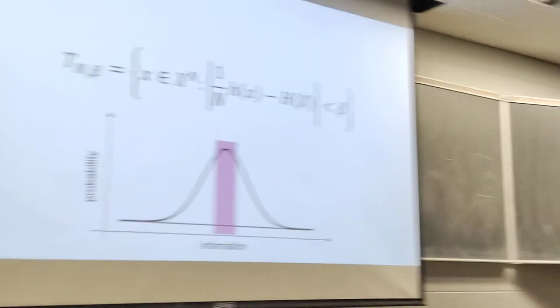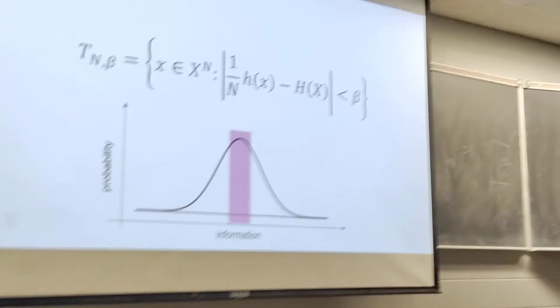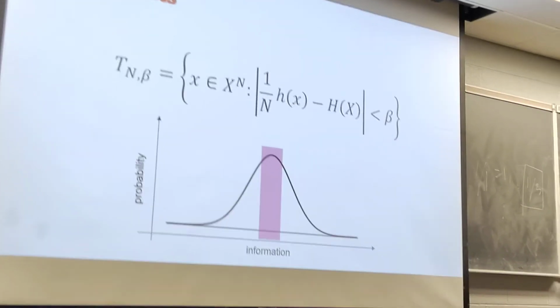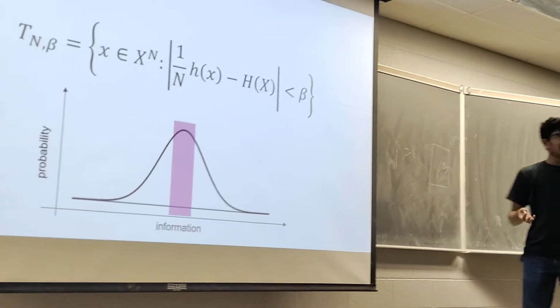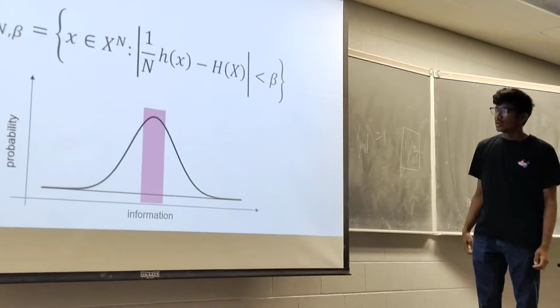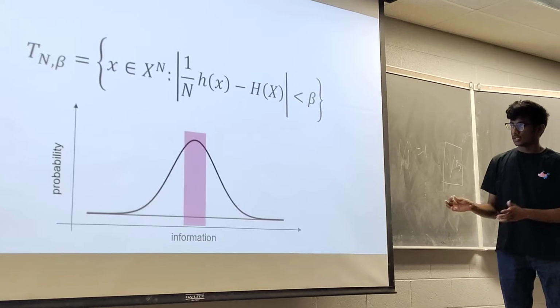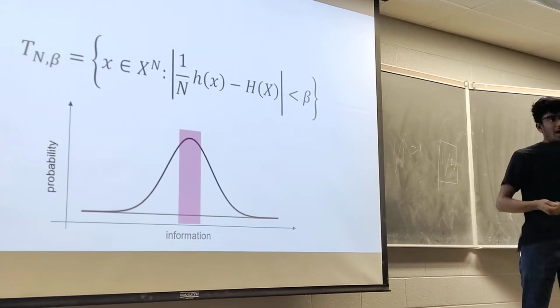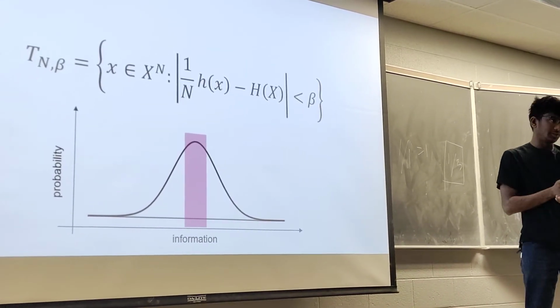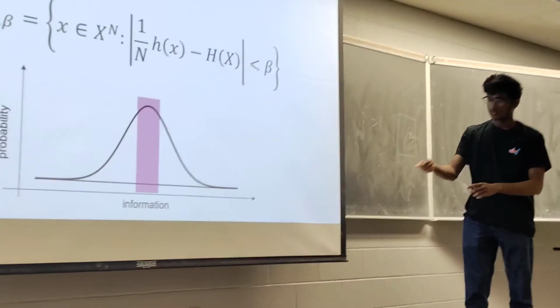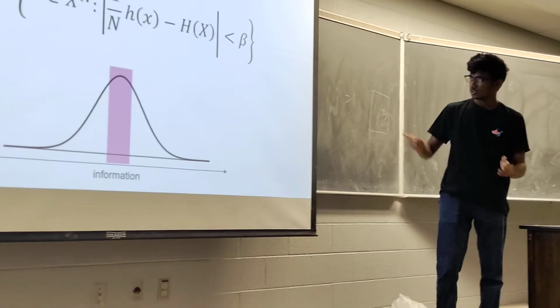And so now, why was the heading typical sets? Because I can talk about the set of all strings, and I can define the amount of information in a typical string. I'm going to define a typical set with some tolerance beta to be the set of all strings whose average information content is pretty close to the entropy. So basically everything at the center of the bell curve, with a little band of tolerance of 2 times beta.